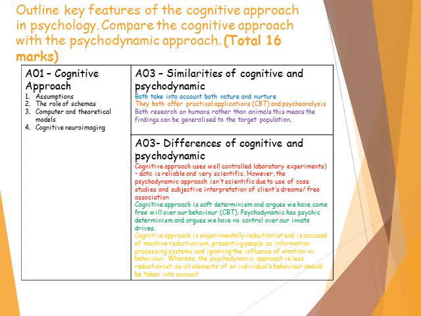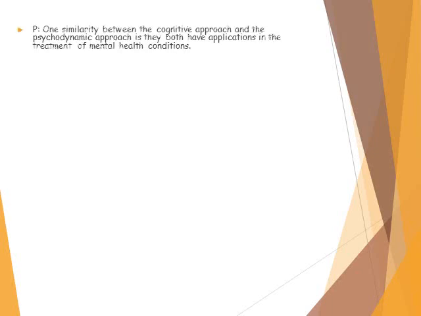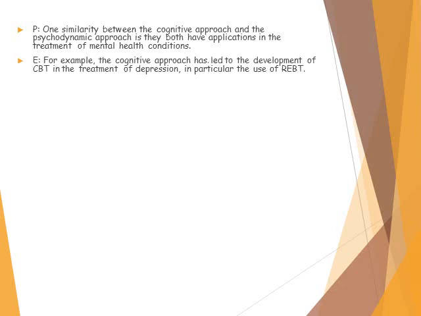So how would you sort of structure your discussion, your comparisons? So remember, we need a point sentence. So one similarity between the cognitive approach and the psychodynamic approach is they both have applications in the treatment of mental health conditions. For example, the cognitive approach has led to the development of CBT in treatment of depression, in particular the use of REBT.